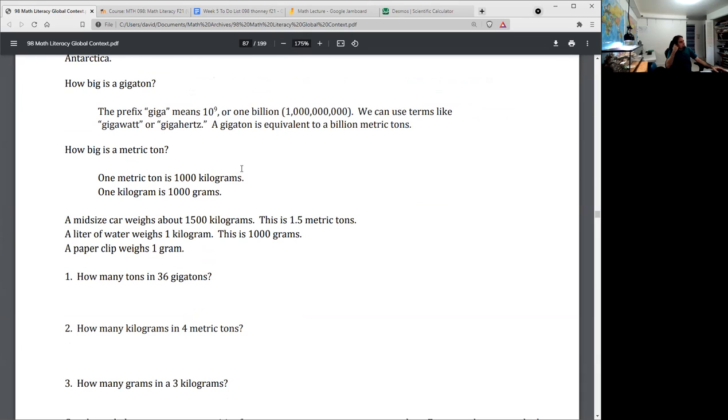A metric ton is 1,000 kilograms. A kilogram is 1,000 grams. And we have weights for a car and a liter of water and a paper clip and so on. But now let's actually do the problems. How many tons are 36 gigatons?